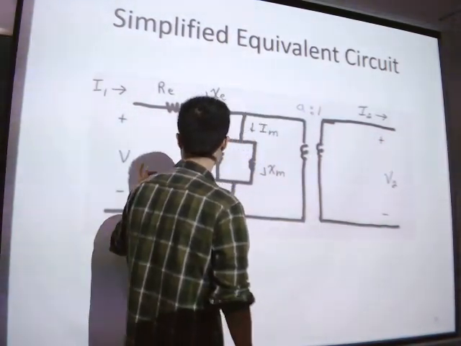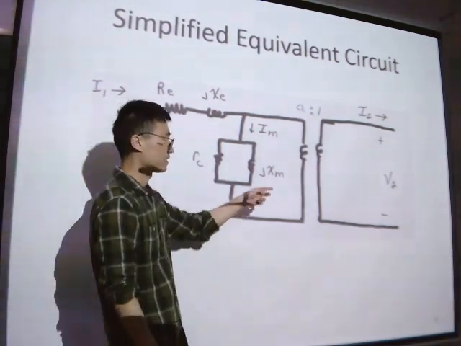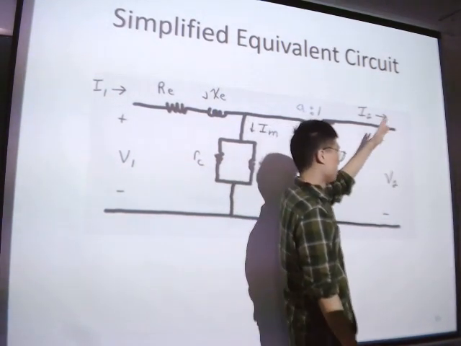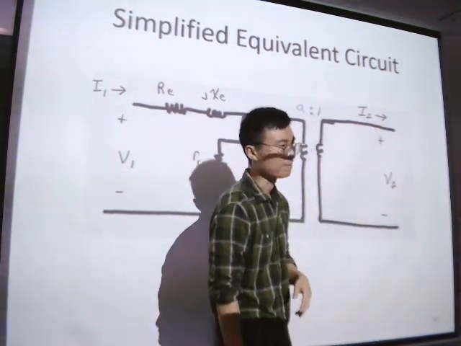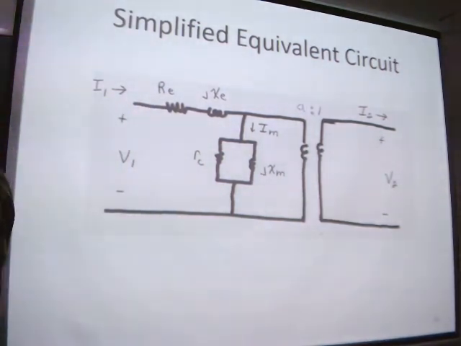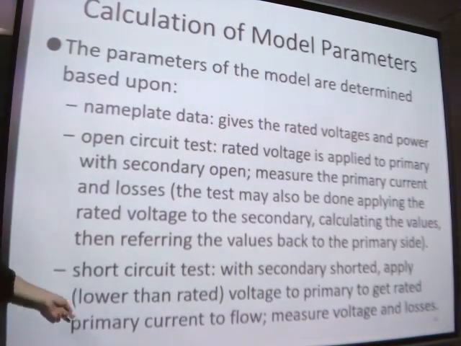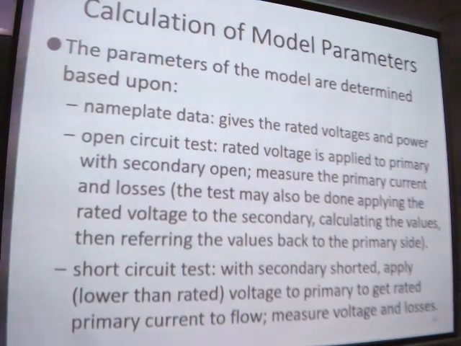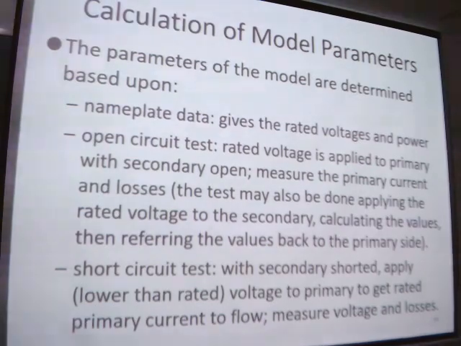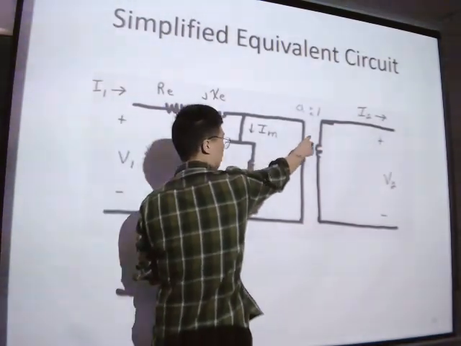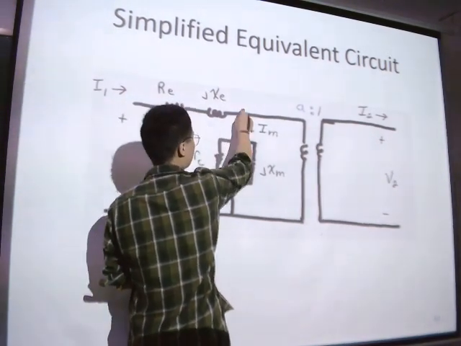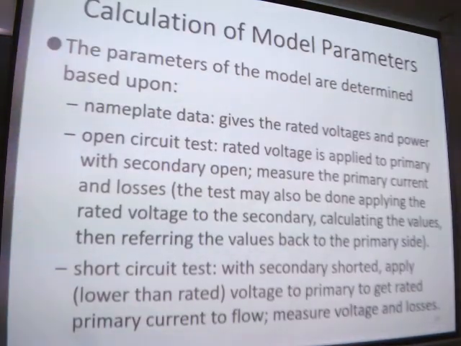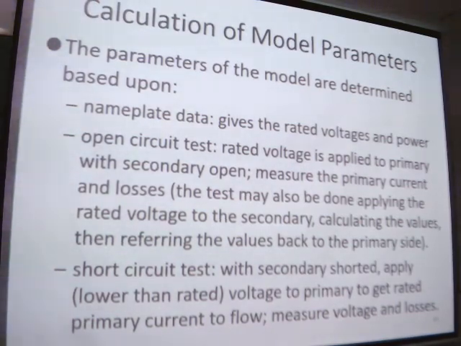If we used the rated voltage, the current here would be large enough that this part of the transformer might be burned. So we apply a low voltage to the primary side so that the current reaches the rated current, okay? There is a current here and a current here, and then we measure the voltage and the losses.